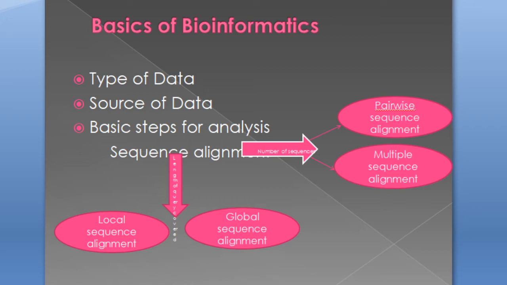Another main organization is EMBL, the European Molecular Biology Laboratory. Its European Bioinformatics Institute, a sister concern, deals with bioinformatics-related data. And the third main organization, which works in joint collaboration with these two, is the DNA Data Bank of Japan. All these three together make the International Nucleotide Sequence Database Consortium.